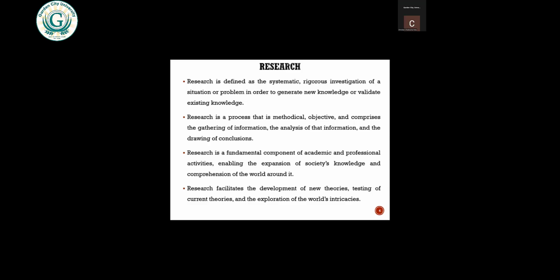And apart from it being objective, it comprises the gathering of information, analyzing of that information you've gathered, and then from the analysis, you would draw a conclusion. You would gather information, you would analyze the information, and then you would draw conclusions from that analysis that you have done.